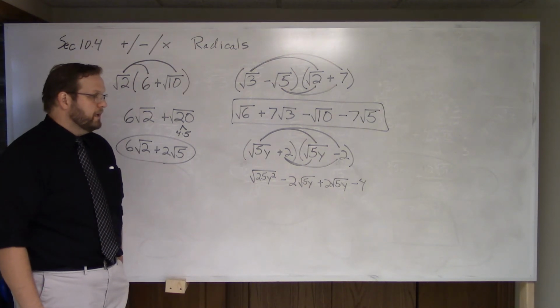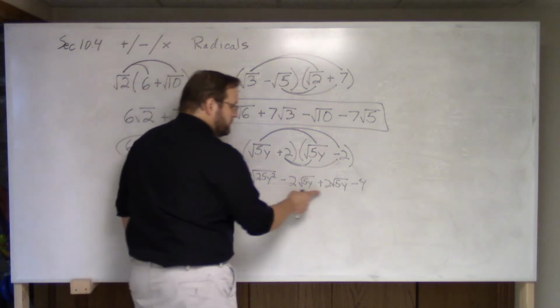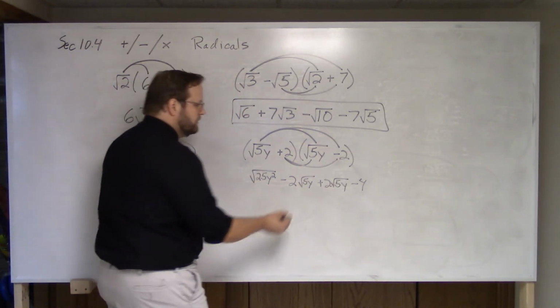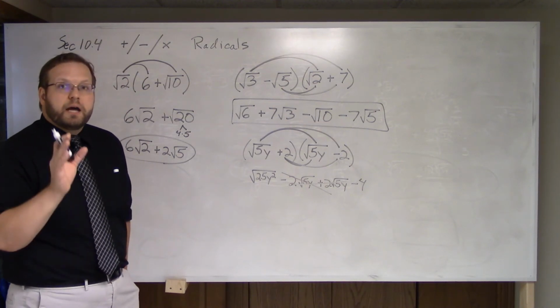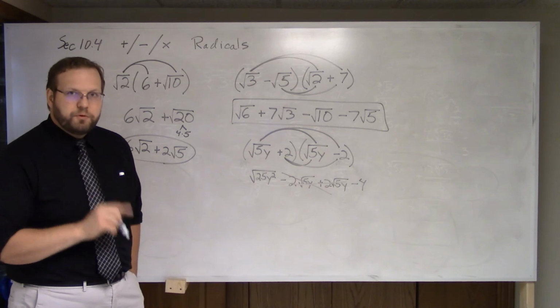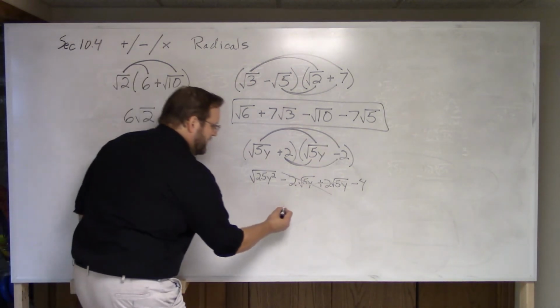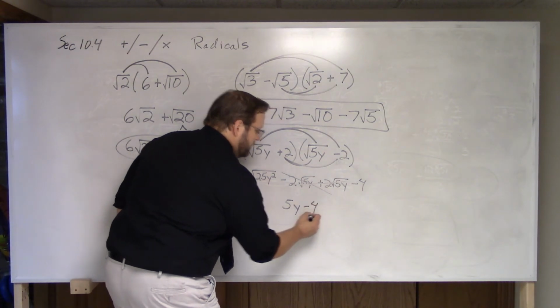Okay? Now, watch what happens. These two terms in the middle are opposites of each other. They completely cancel out. The other thing to notice is that first term, that 25y squared, that's a perfect square. That just comes out as 5y and then a minus 4.